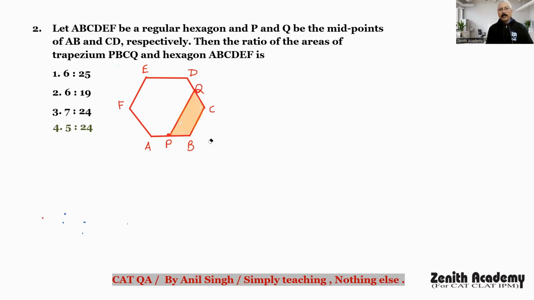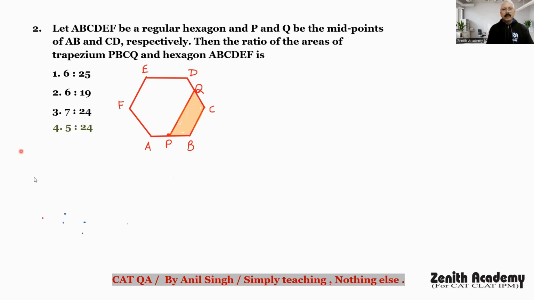ABCDEF is a regular hexagon and P is the midpoint of side AB and Q is the midpoint of CD. So here this is a trapezium PBCQ. So the area of trapezium PBCQ to the area of the hexagon ABCDEF is to be found out.